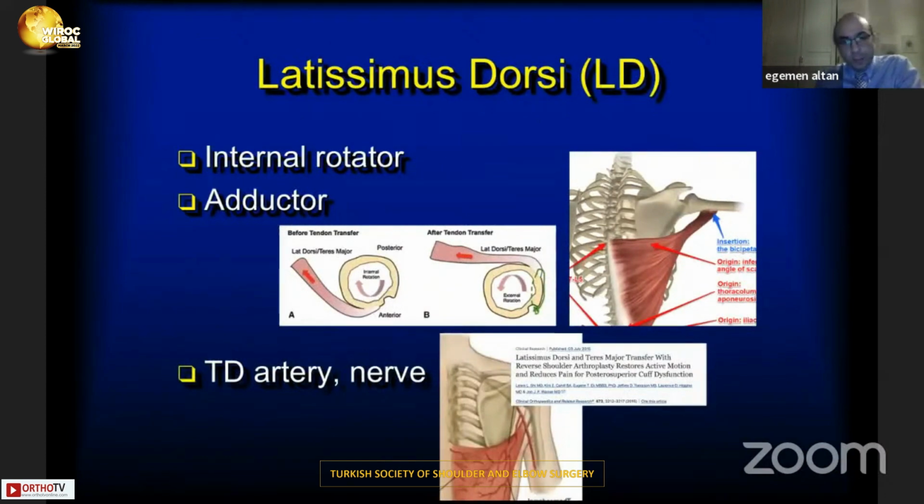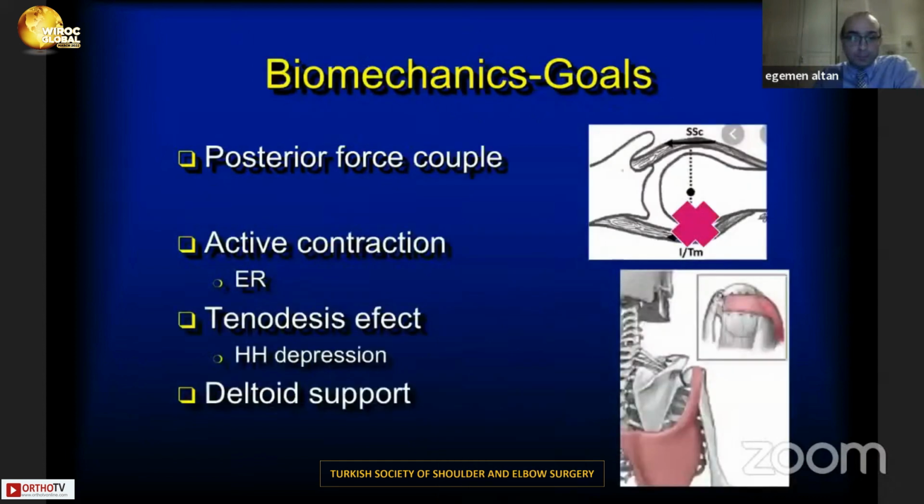I would like to give some words about the latissimus dorsi. It's an internal rotator, as we all know, and also it's an adductor of the shoulder. And the thoracodorsal artery and nerve supply this muscle and tendon. What are our goals according to biomechanics?